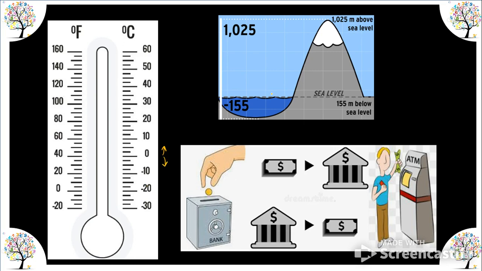If we're talking about elevation, here is 0 feet, and above sea level is a positive integer, but below sea level we can have a negative integer. Another example is if you make a deposit into your bank account, that is a plus. If you withdraw money from your checking account, that is considered a negative.